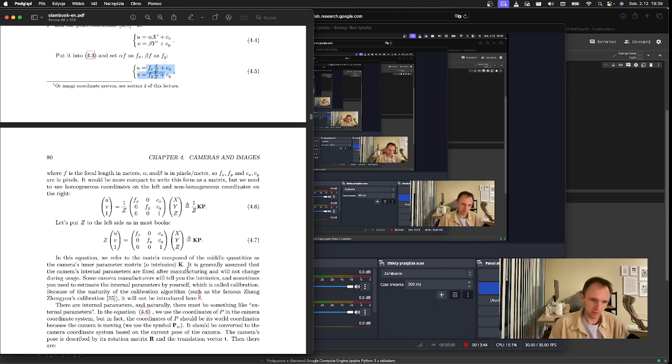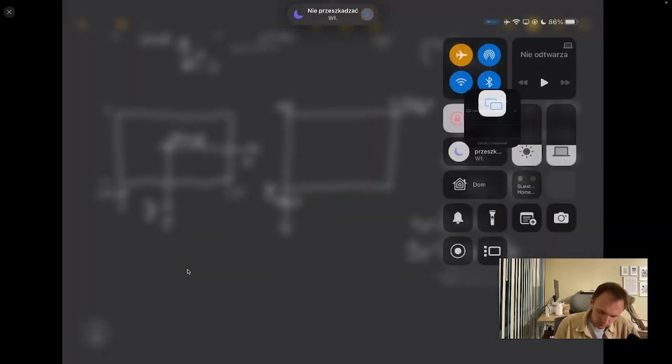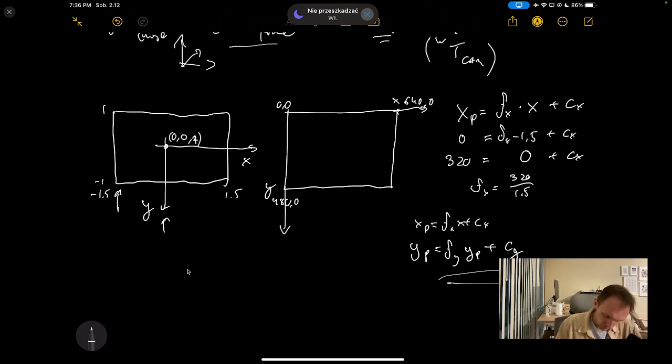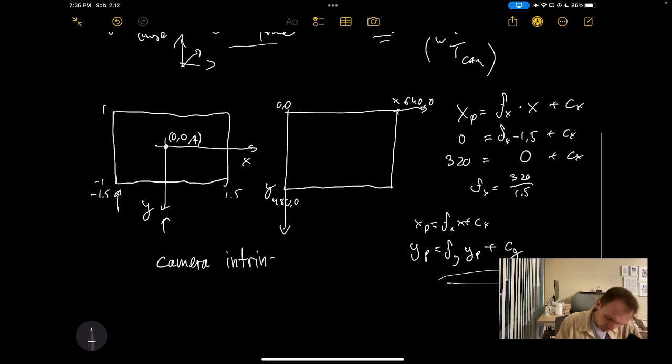Camera intrinsics. Let me write it down. And then there are calibration algorithms and whatnot that try to figure those out.